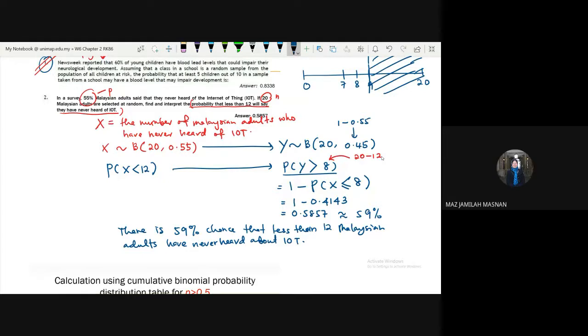Directly copy the sentence in the question just now. So there is a 59% chance that less than 12 nation adults will have never heard about IoT.